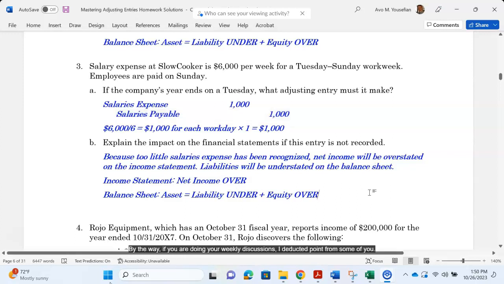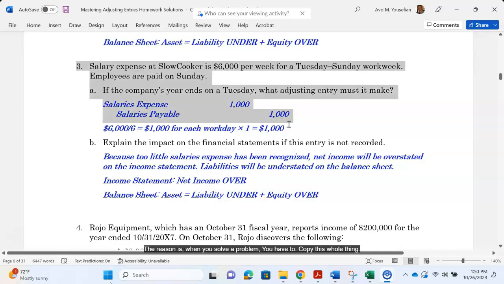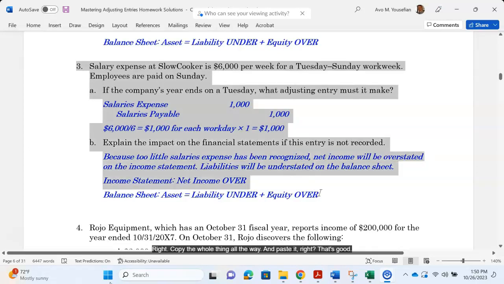By the way, if you are doing your weekly discussions, I deducted points from some of you. The reason is when you solve a problem, you have to copy the whole thing all the way and paste it. That's good.